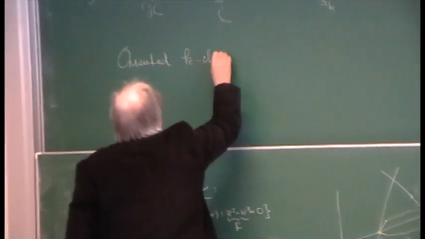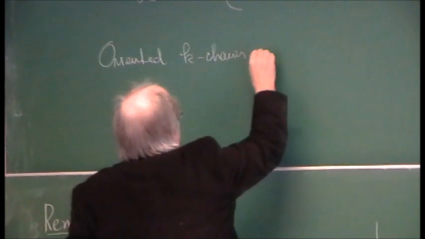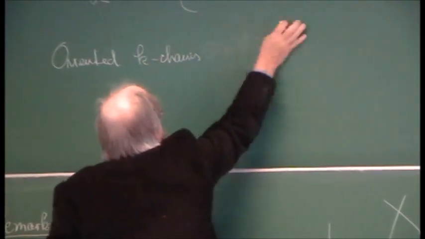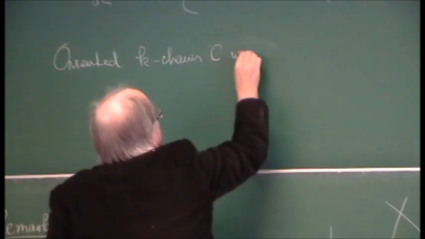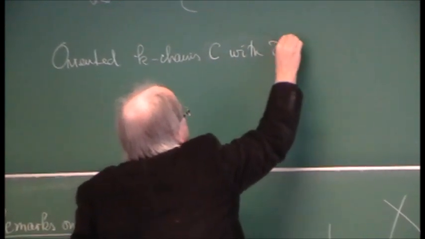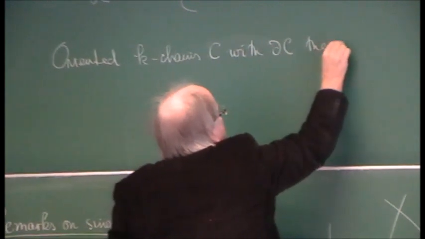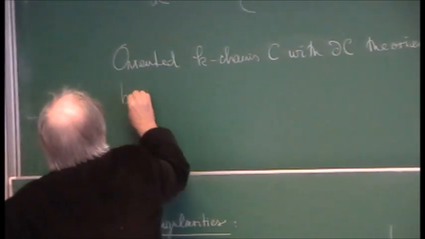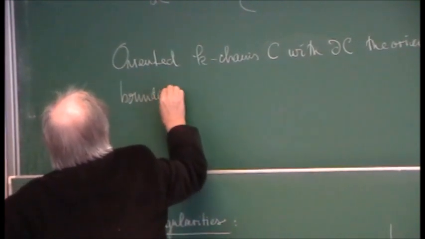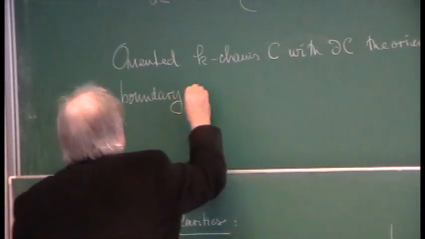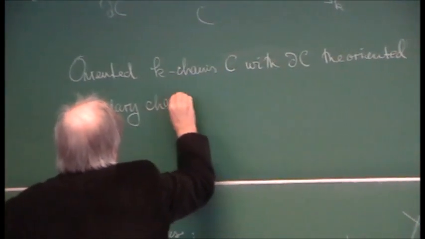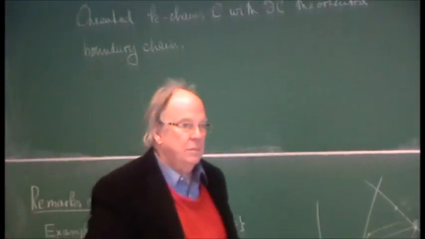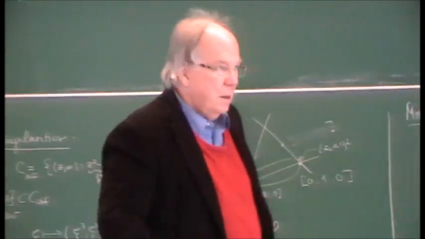K-chains, with boundary, K-chain C, with this thing, boundary of C, the oriented boundary. Boundary chain. That's it.